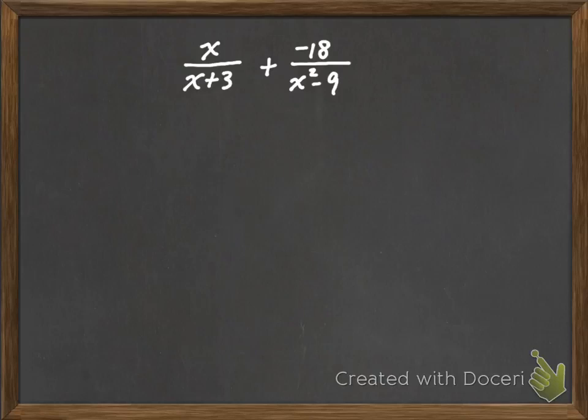All right, so on this one, what we're going to need to do is factor this binomial right here. This is a difference of two squares. So if we factor this down, now the first fraction, we can't do anything with that.